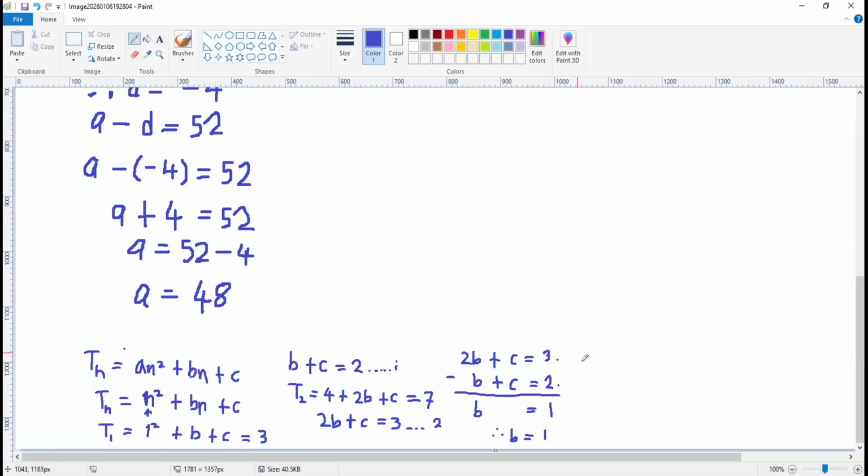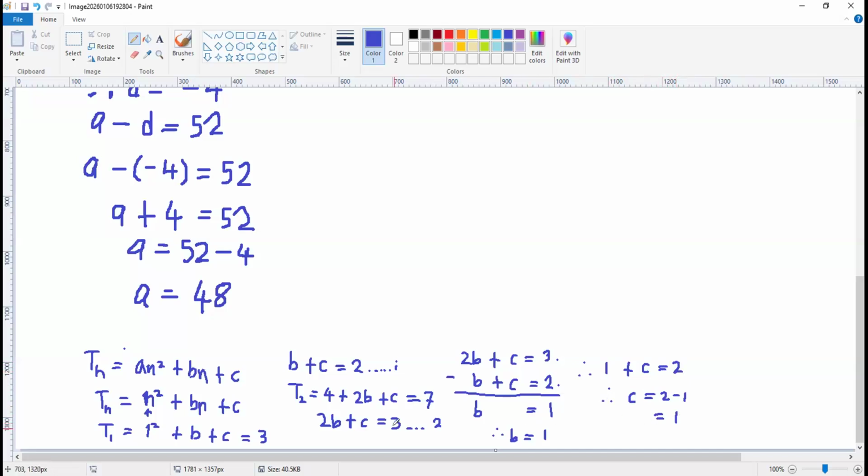So let's substitute in the simpler one. That's equation 1. 1 plus c equals 2, right? And that means, therefore, c will be equal to 2 minus 1, which is 1. So that means b is 1 and c is 1.